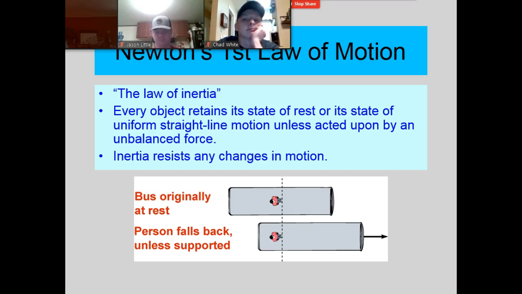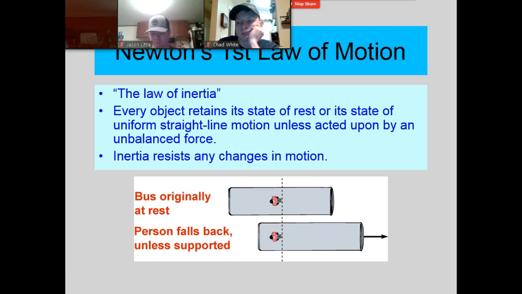So I put it in the back of my pickup, and I thought I chocked the wheels adequately. I didn't. The chocks moved or something or other. Every time I sped up, wham, it went into the tailgate. Every time I slowed down, wham, it ran into the cab. And when I turned one direction or the other, it moved to one side or the other. It was not a pleasant trip, but we got there and it was okay.